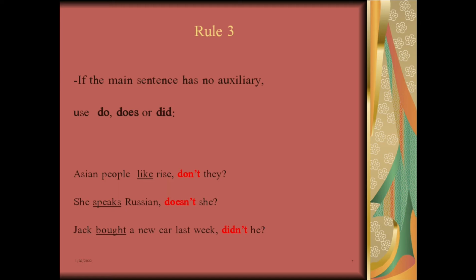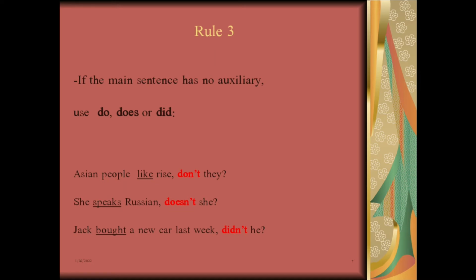Rule number 3, if the main sentence has no auxiliary, we use do or does or did. For example, Asian people like rice. Here the subject is Asian people and the main verb is like. Here we don't have auxiliary verbs, so we use do, does, or did.